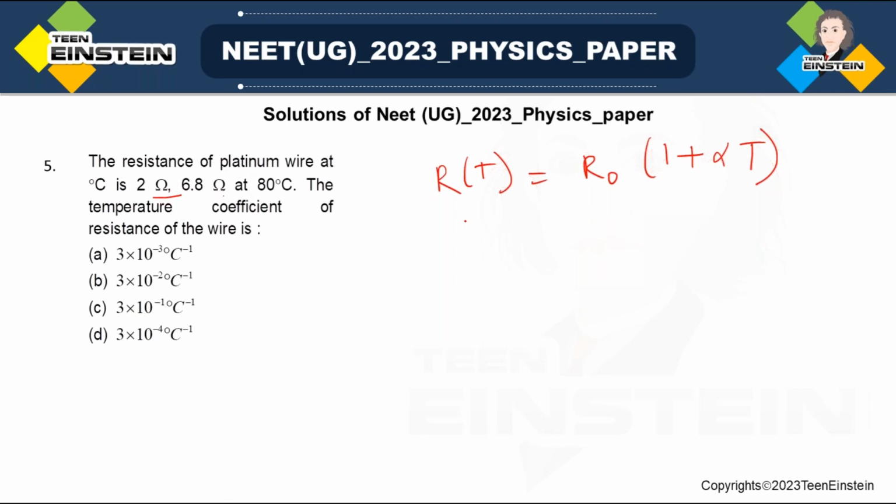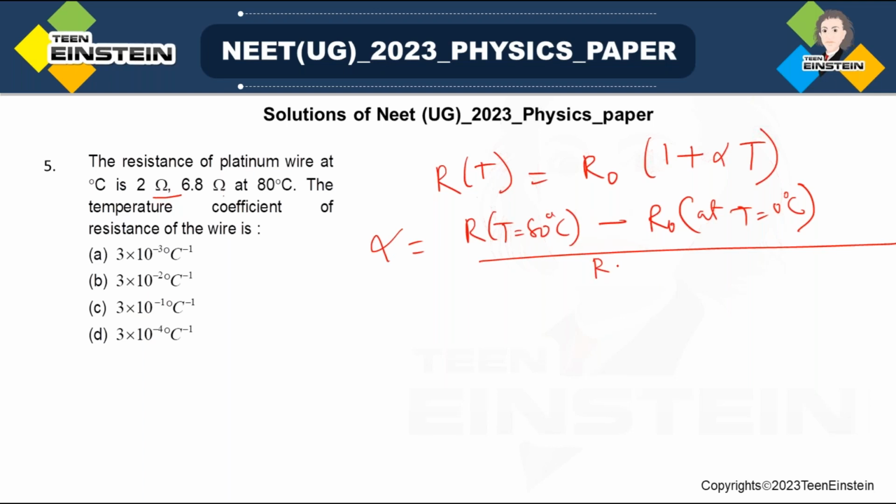And now look what we can write. R of T, which we have, this is at 80 degrees centigrade, minus R0, where R0 means at T equal to 0, and I'm going to calculate alpha.